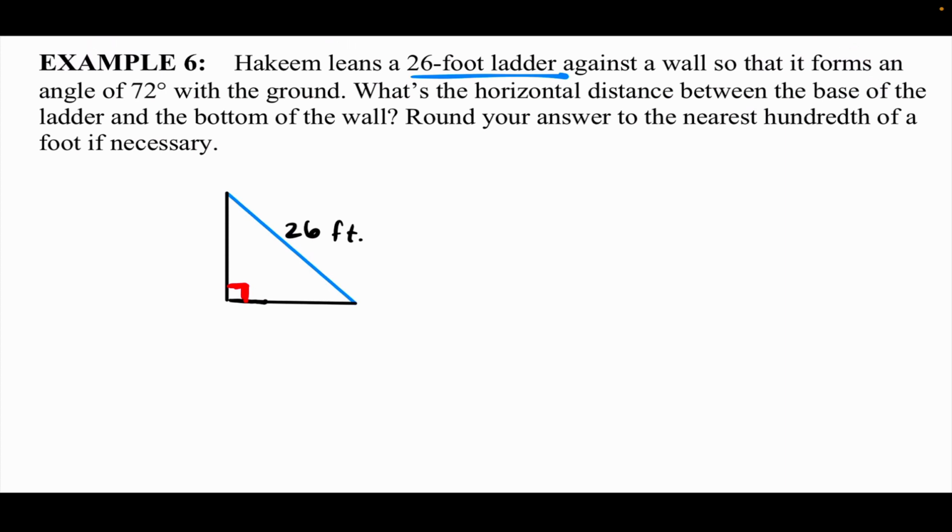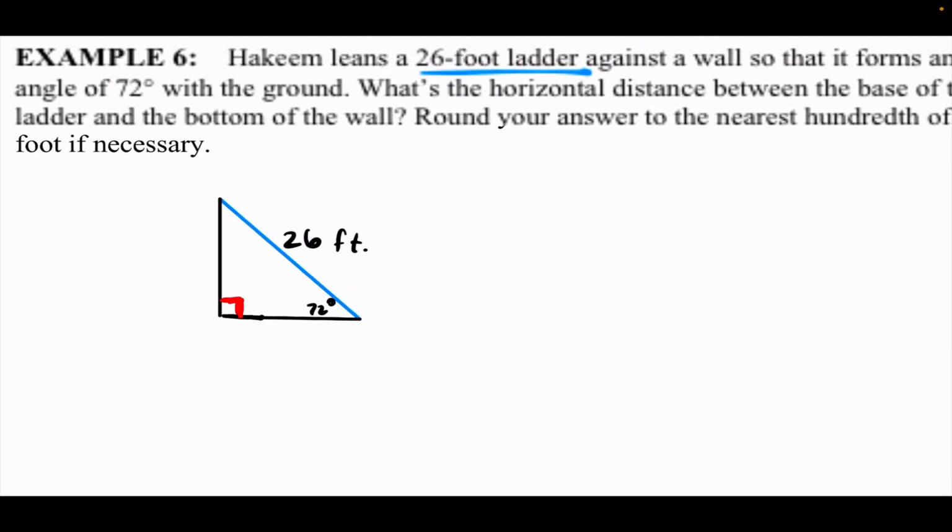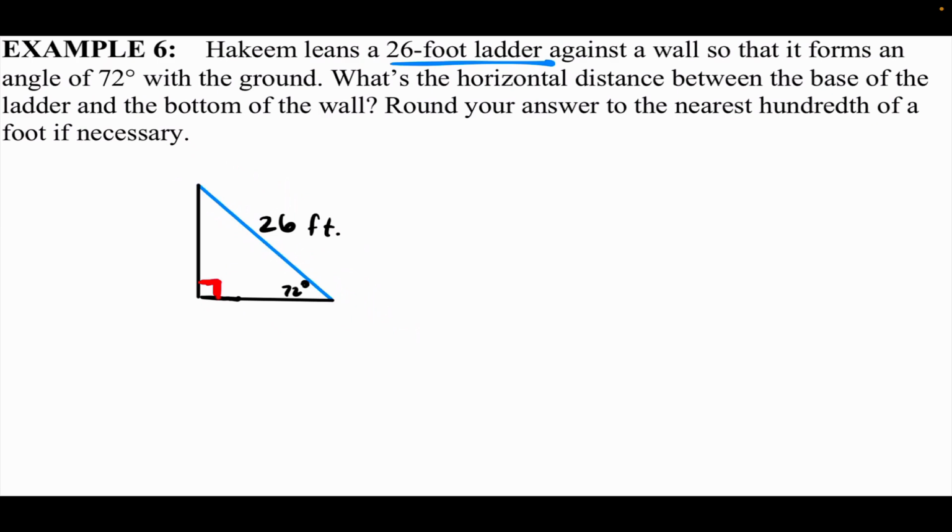So where the ladder and the ground meet is 72 degrees. What's the horizontal distance between the bottom of the ladder and the bottom of the wall? Base means bottom.